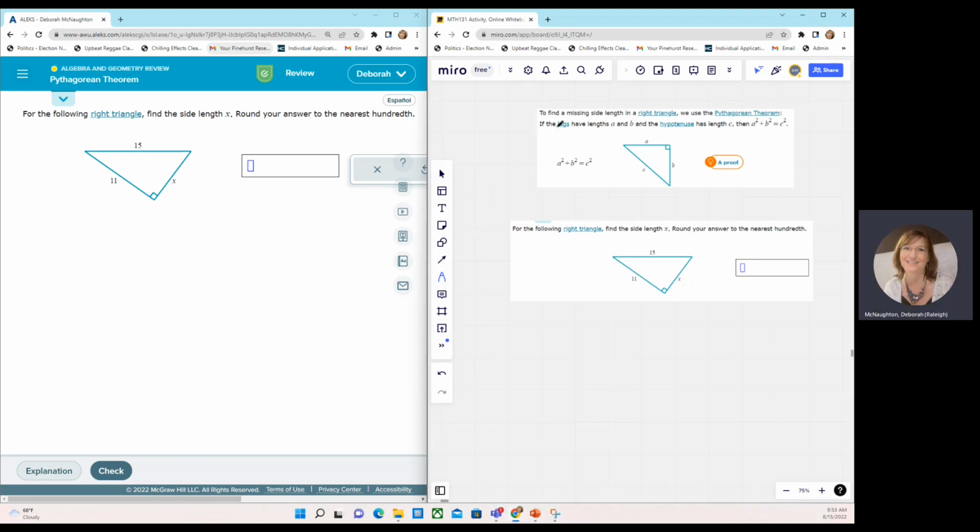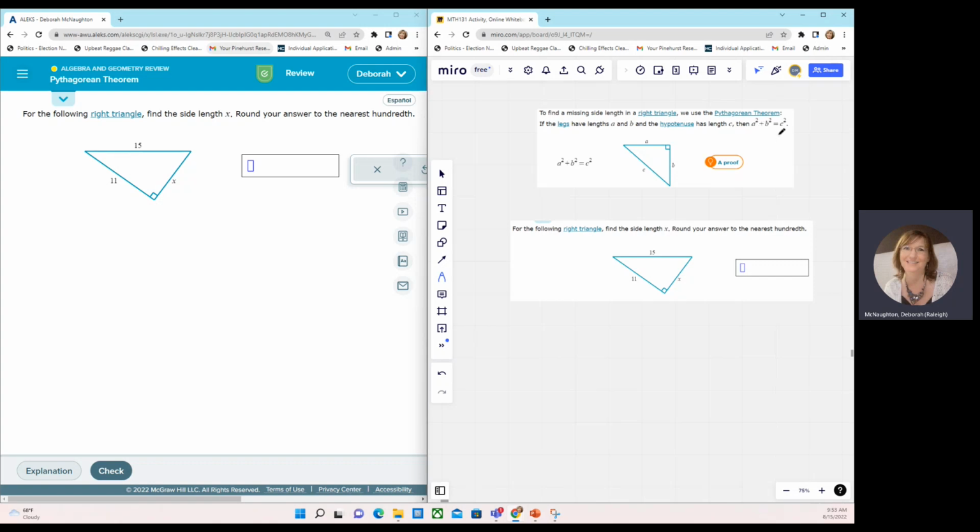First of all, the formula, or what the Pythagorean theorem says, is that when we have a right triangle, and a right triangle has a 90-degree angle, which is always denoted with a square in the corner, if the legs, which are the sides adjacent to that right angle, have lengths A and B, then the hypotenuse, which is the side opposite the right angle, has length C, where A squared plus B squared equals C squared.